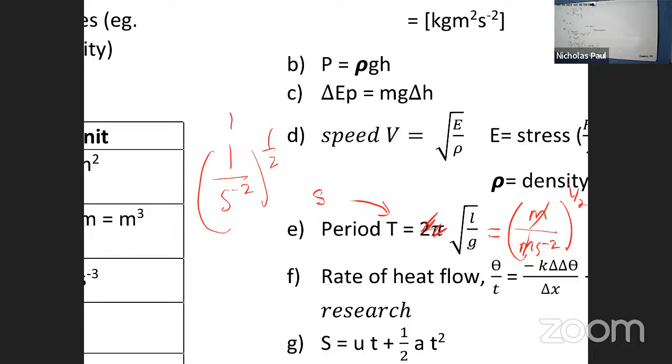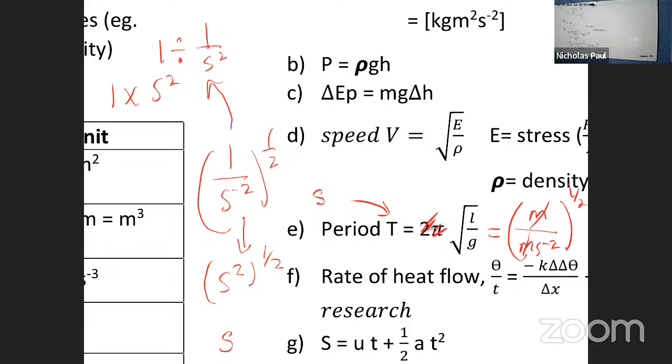Minus 2 means 1 over s squared, and when it flips you end up with s squared. So inside here is really s squared to the power of a half, which becomes s. So therefore, are they the same? Yes.